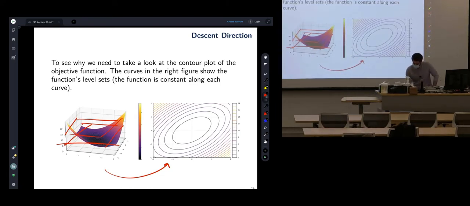And these curves that you see here are called level sets.